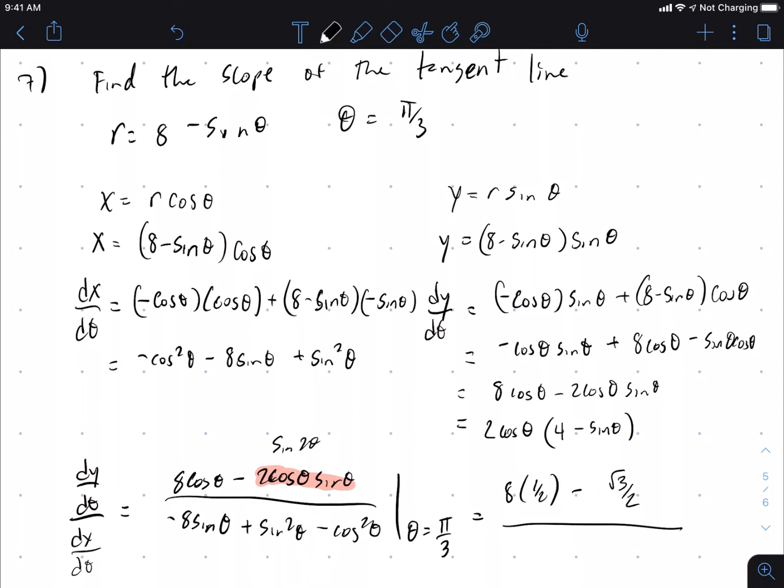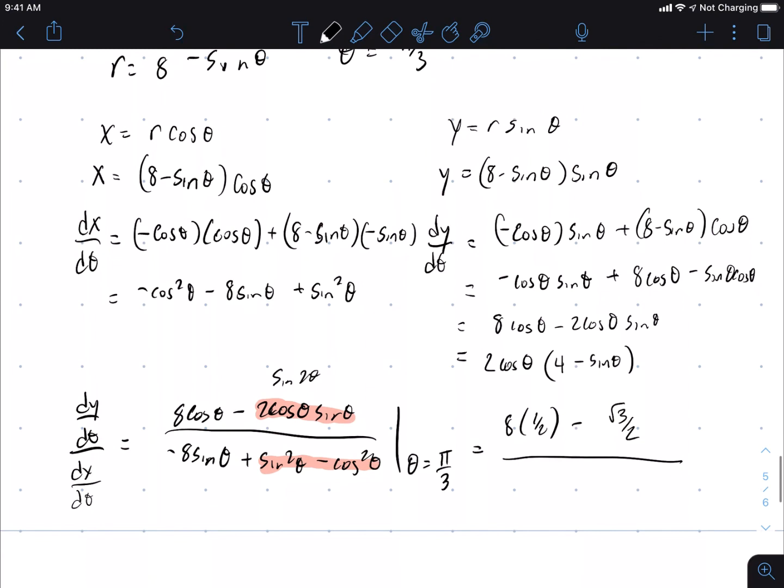Okay. Oh. And isn't this one cosine of 2 theta? Right? Do you guys agree with that? Yes.